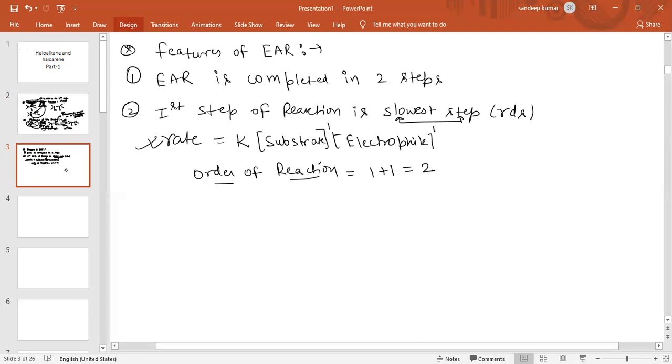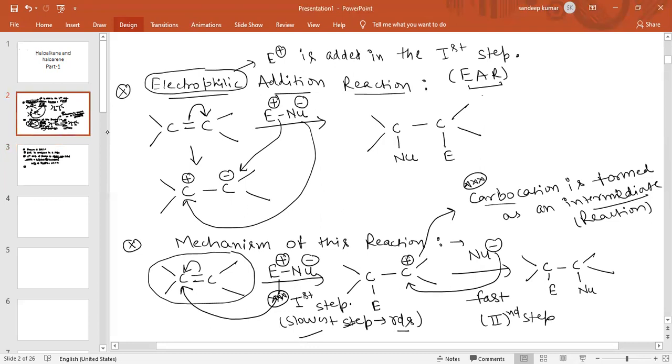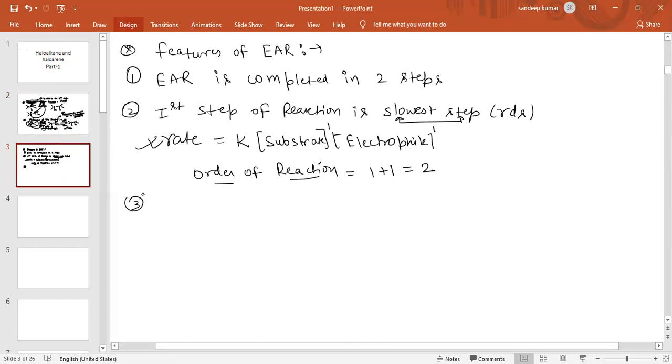Also the next feature, as we have seen: carbocation is formed as a reaction intermediate.